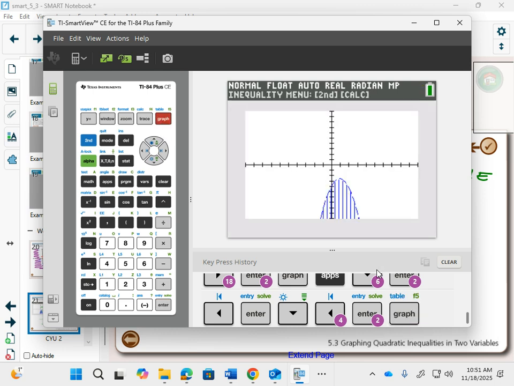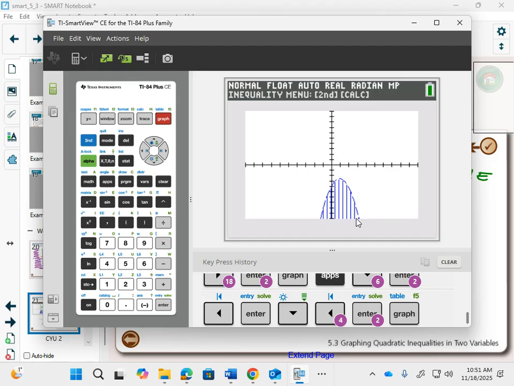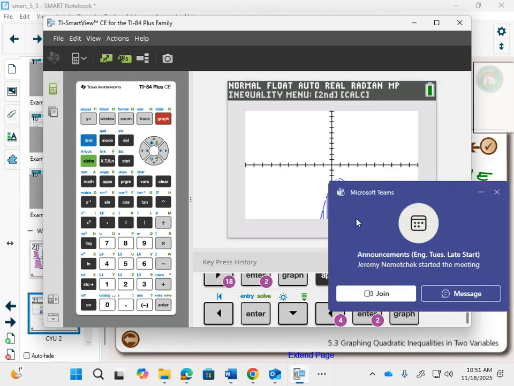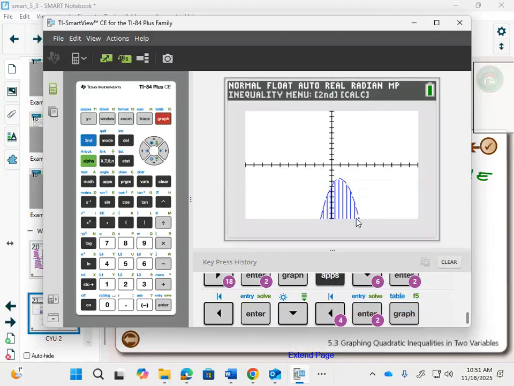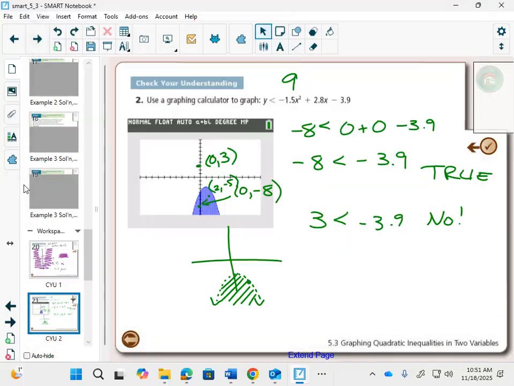And now when I graph it, it does the shading and the dotted line on your graphing calculator. I don't know if that's necessary. You would just know from what you've done, oh, it's a less than sign, it has to be dotted, and I'm shading below.